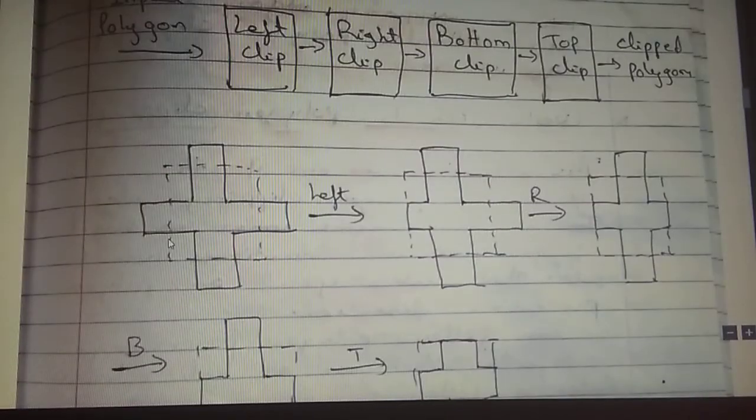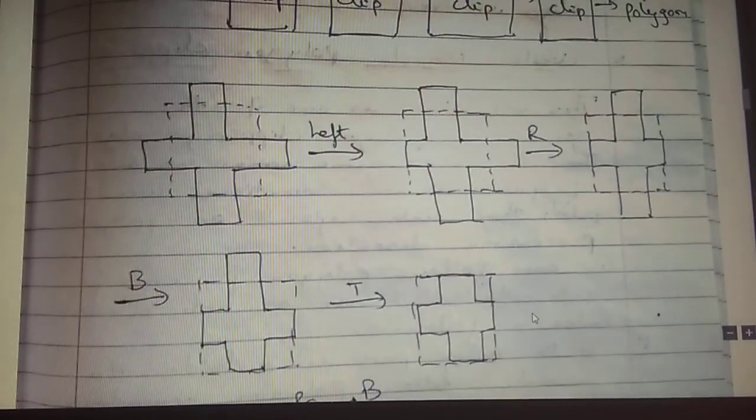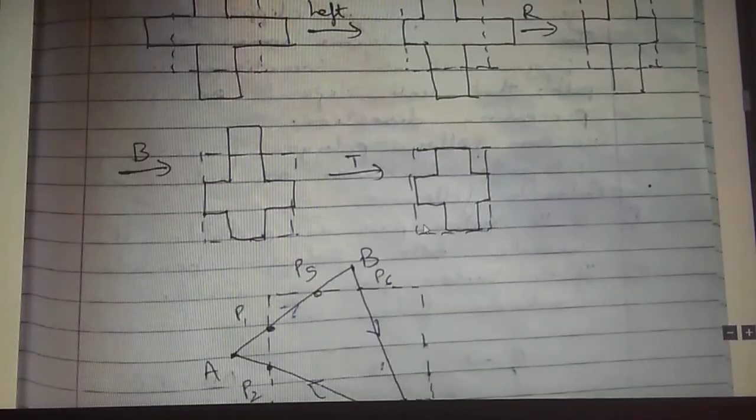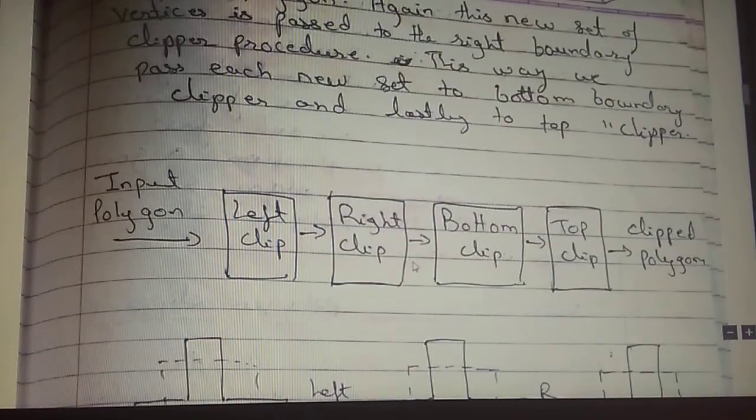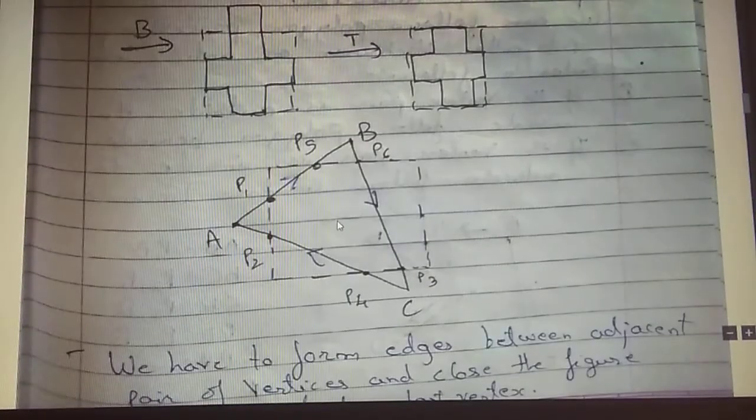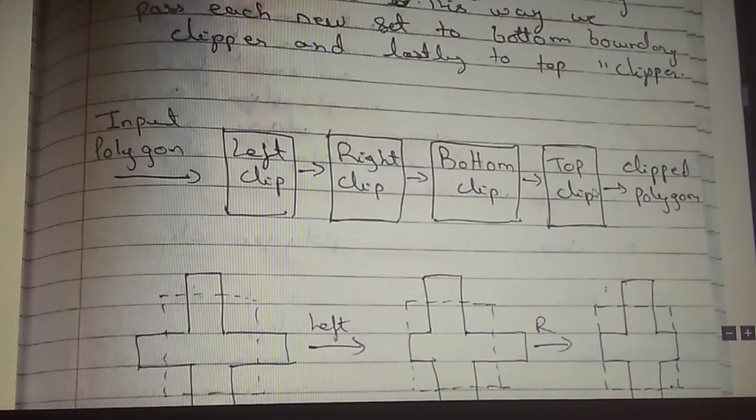This is your image. First the left side is clipped, then the right side, then the bottom, and then the top, and this is the final outcome. Now this is your given image. We have to follow the same procedure, that is left, right, bottom, top.